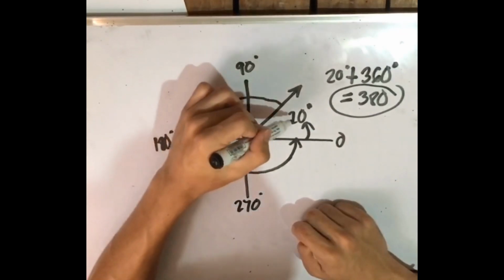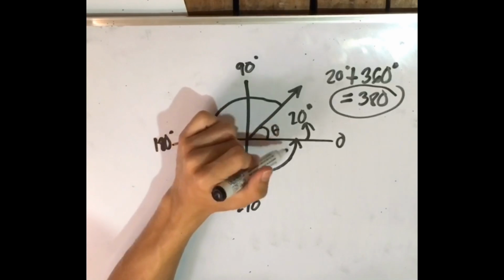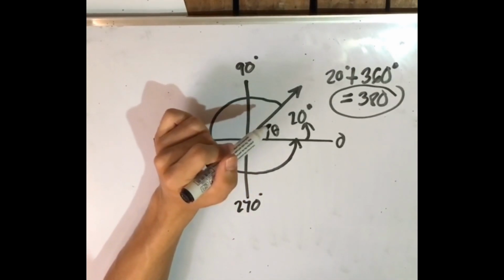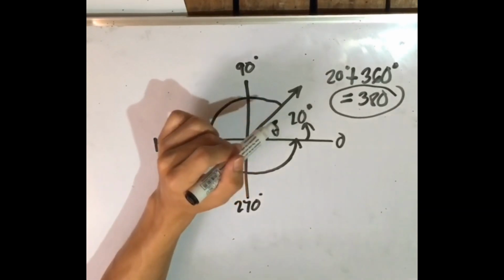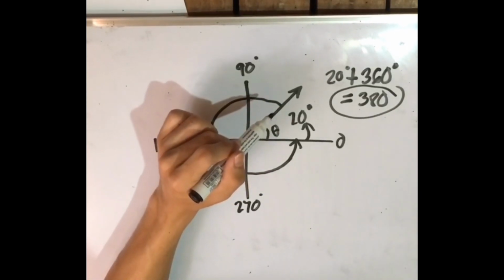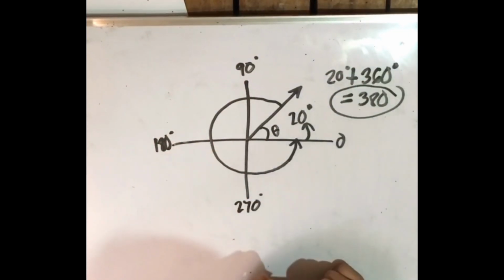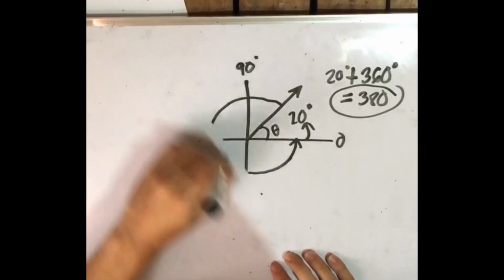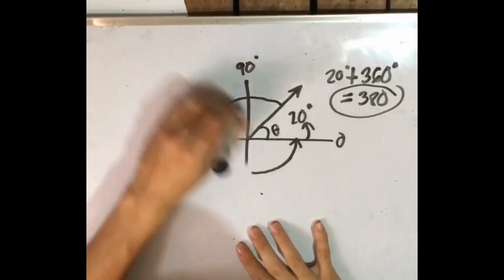This is the coterminal angle because it lands on the same position. Any angle that lands in the same position will be a coterminal angle. So that's both positive. Now we're gonna try how to find the coterminal angle where one is positive and the other one is negative.